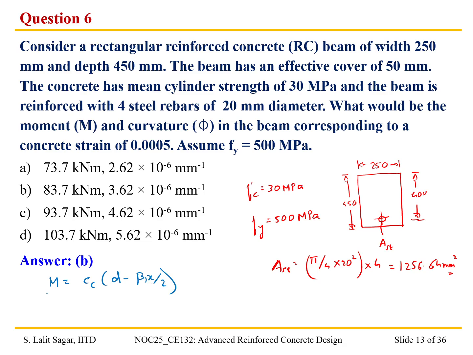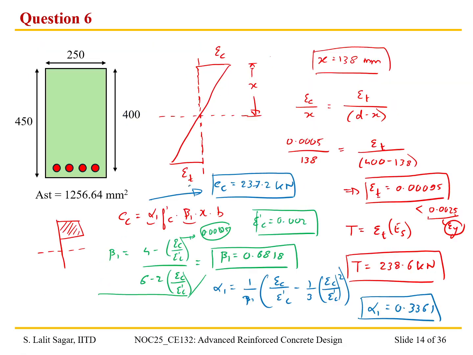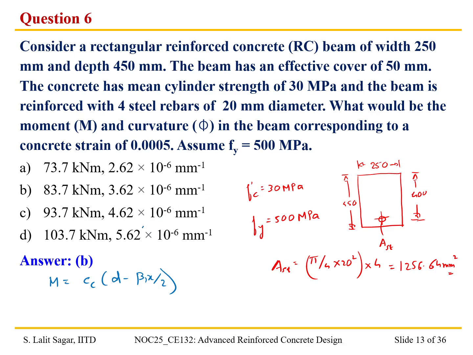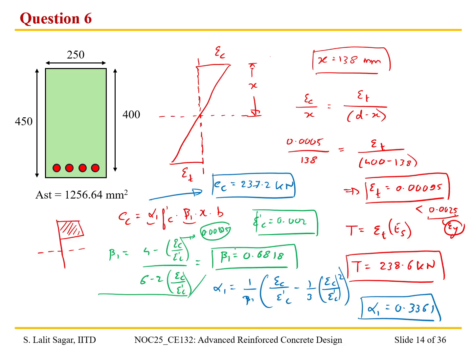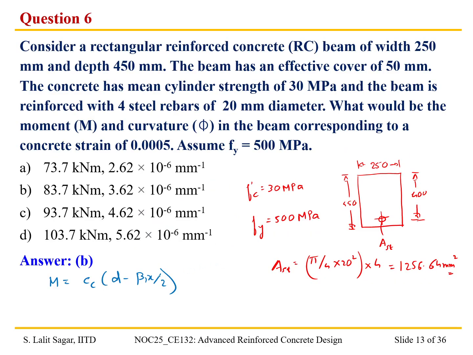When we substitute Cc as 237.2 kilonewton, d as 400 millimeter, beta 1 as 0.68, and x as 138 millimeter, we obtain M as 83.72 into 10 to the power 6 Newton millimeter, or 83.72 kilonewton meter.